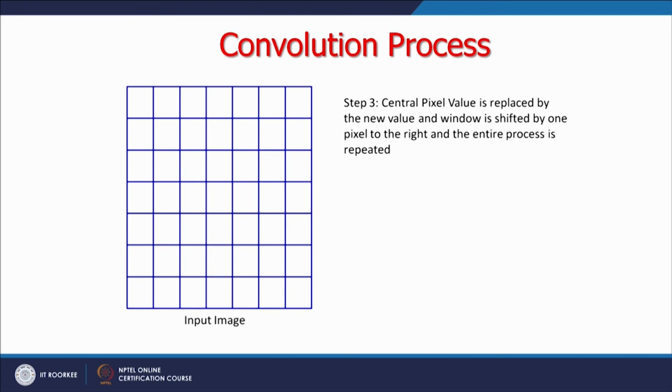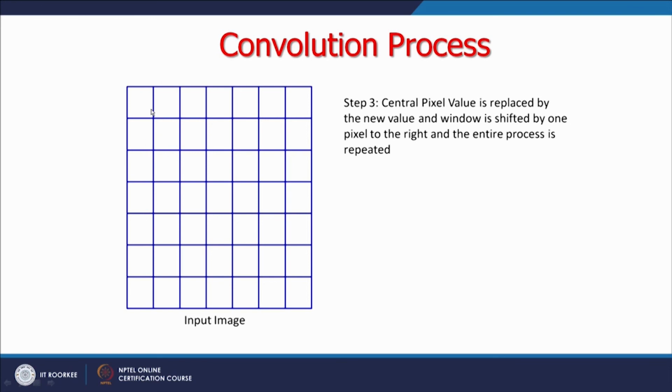But as I have mentioned, if you are using a 3 by 3 spatial filter, convolution filter, then 1 pixel on the edges will not be considered, because this filter cannot go on the first pixel of the first row. It has to be done on the second pixel of the first row and second column of the second row.